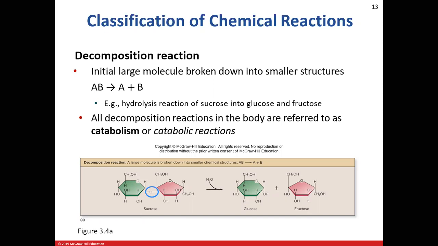So here we have the oxygen of one part of the water molecule and the OH of the other. And so you take this, again, we've done this before, you take this particular hydrogen and you take this particular OH, and that's where we get our water from, okay? So this is, again, a decomposition reaction, or more specifically for this one, a hydrolysis reaction, where we're adding water to the system.